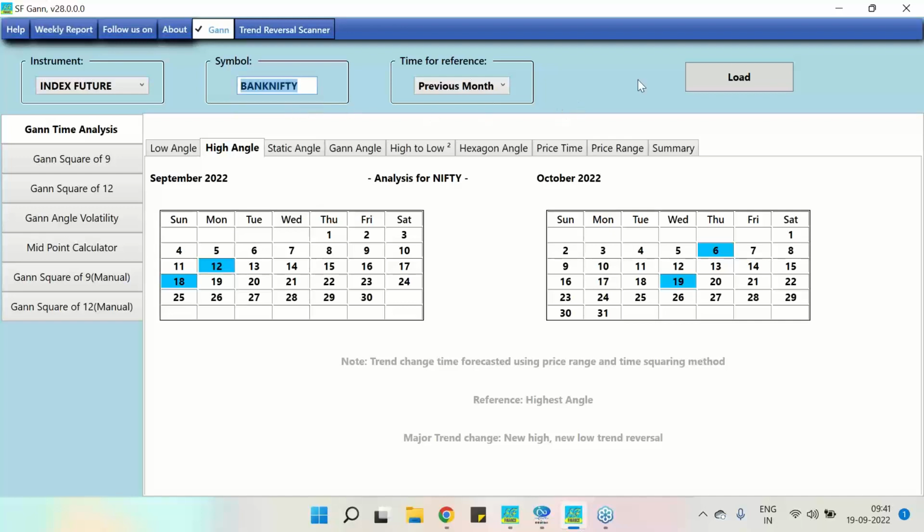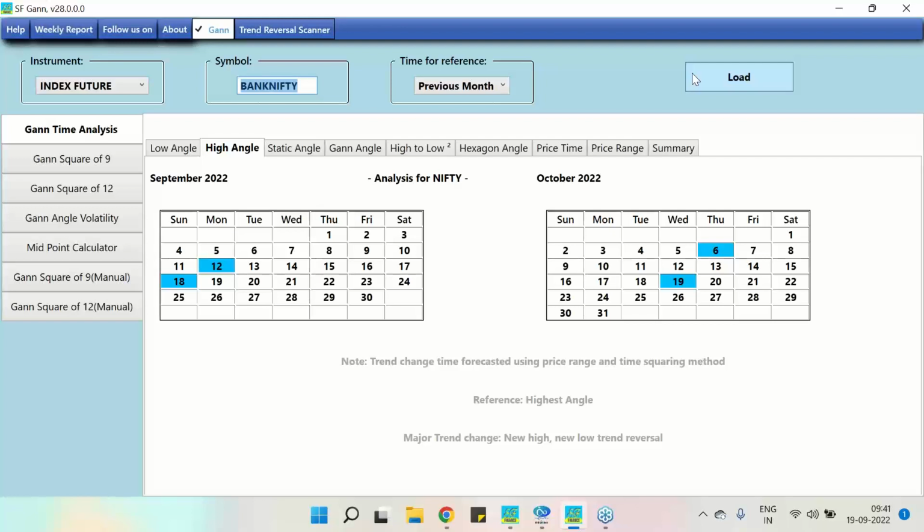So out of 3 trend reversal dates so far for the Nifty, using the low angle and high angle, out of 3 trend reversal dates, first, 12th and 18th, and today is 19th. So 4 trend reversal days have happened. First it worked perfectly, 12th it did not work, 18th was a holiday, and 19th again is a trend reversal day.